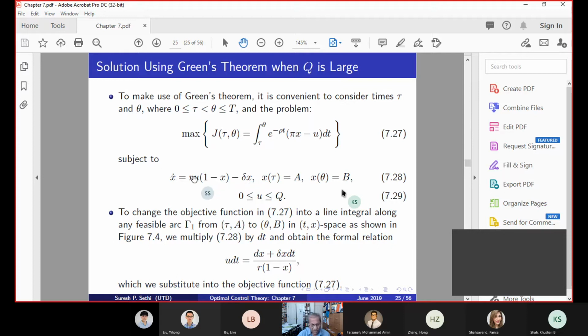So my job was to at least solve one stochastic control problem in advertising. So I changed this problem to a stochastic differential equation by introducing some noise. And I found that I could not solve the problem. So what I did was I changed this 1 minus x to square root of 1 minus x.